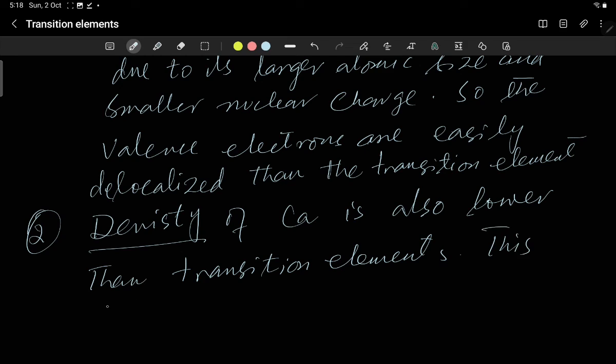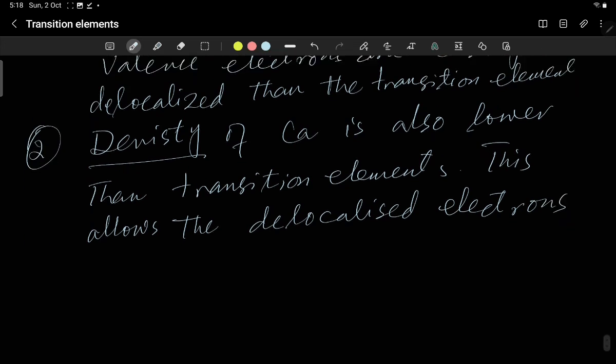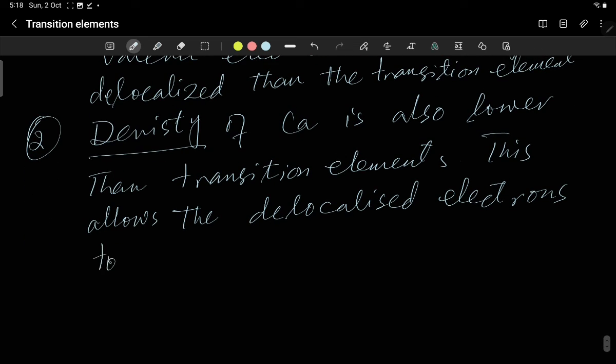This allows the delocalized electrons to move more freely.